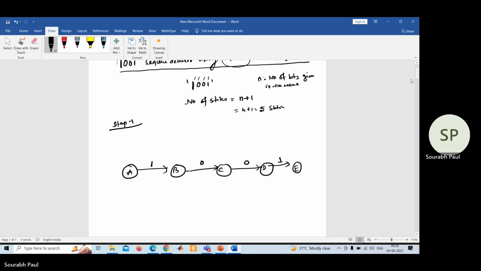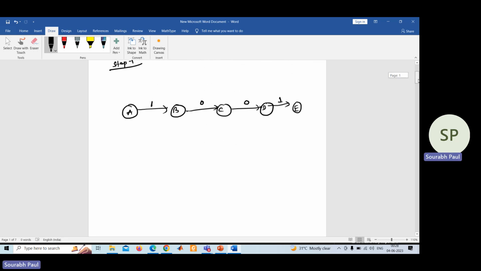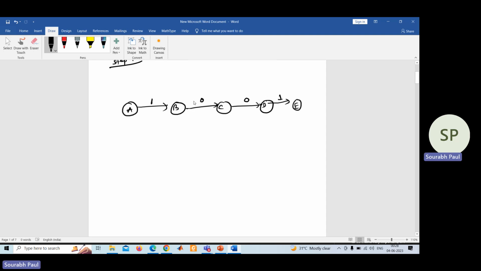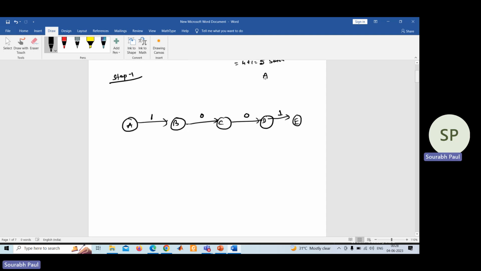Now after that, what you need to do? That is very important. State A is actually known as the reset state. So we'll start from this reset state.